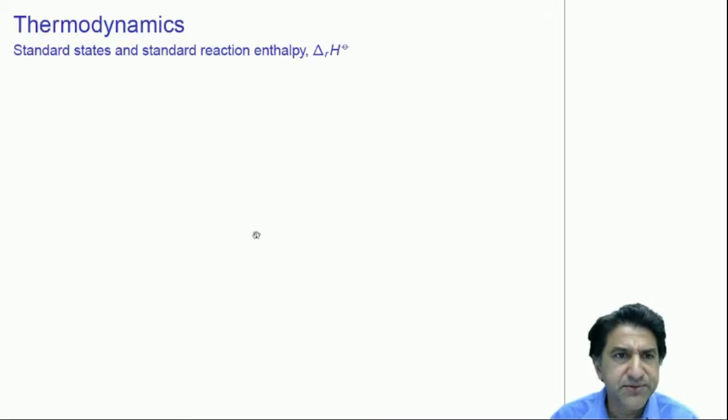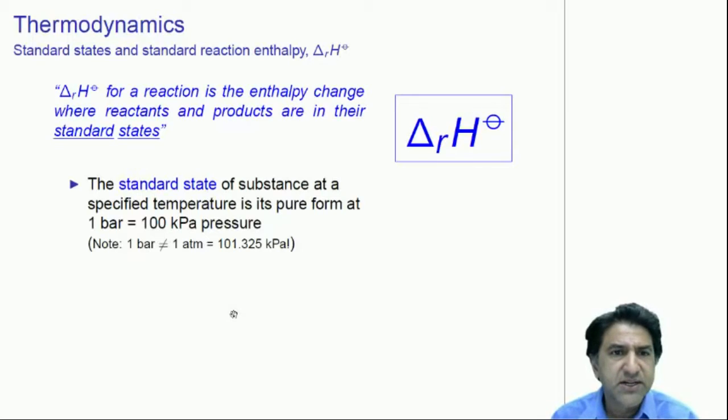In order to introduce this idea, I have to introduce what a standard state is first. What is it? The standard state of a substance at a specific temperature, we don't know exactly what that is yet, is its pure form at 1 bar pressure, which is 100 kilopascals.